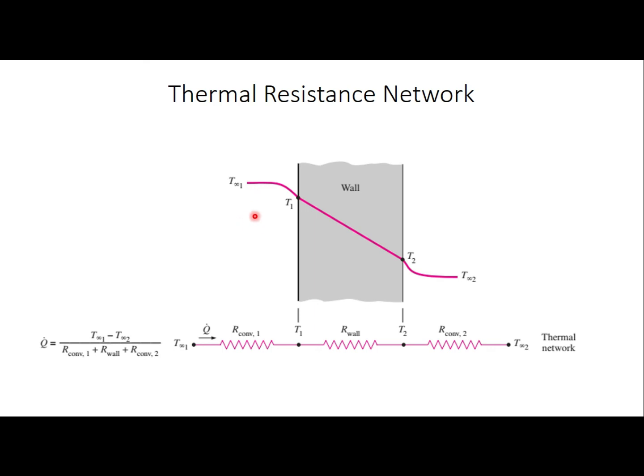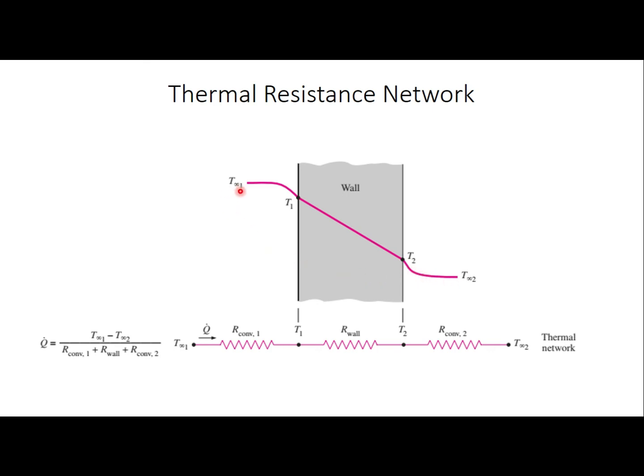So there are three kinds of heat transfer, right? From T infinity 1 to T1 there will be convective heat transfer, from T1 to T2 there will be conduction heat transfer, and from T2 to T infinity 2 there will again be convective heat transfer, right?